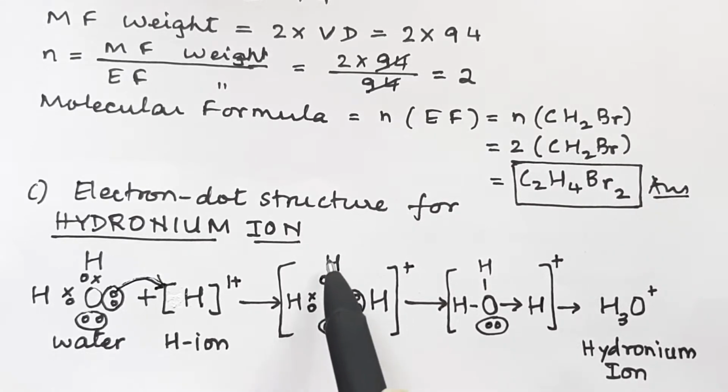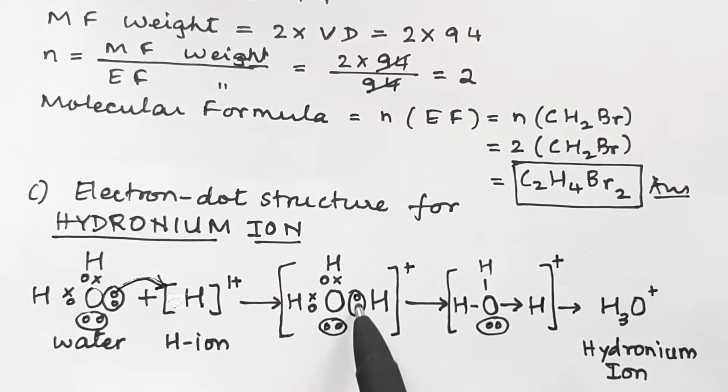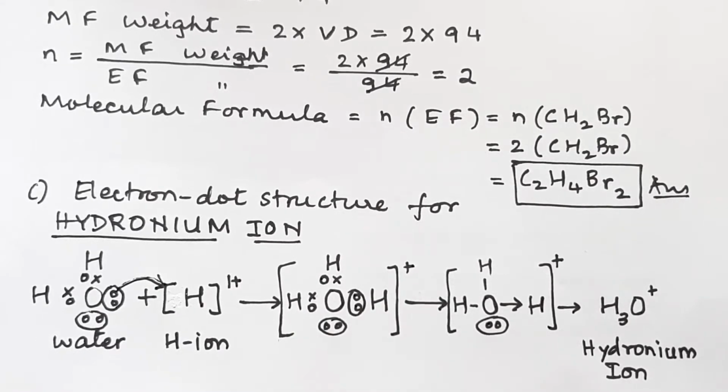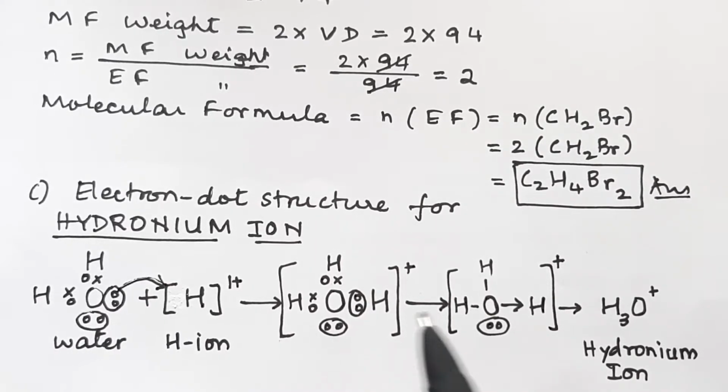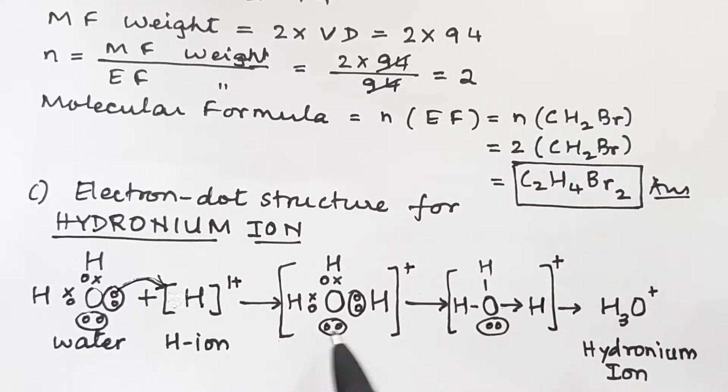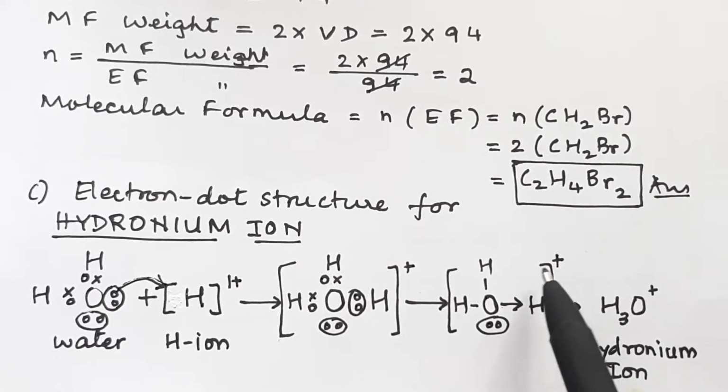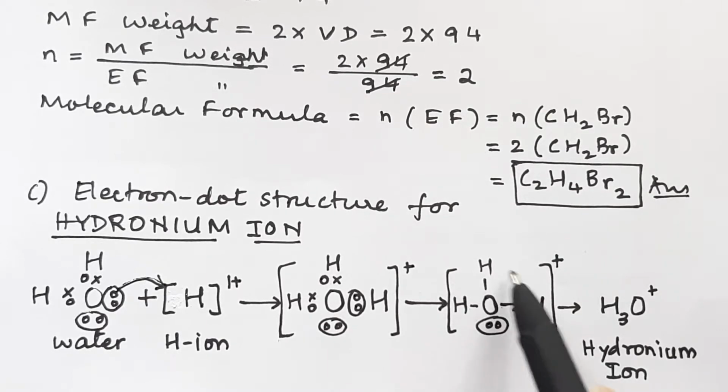This structure of water as it is, and this pair of electrons has been shared with this hydrogen, and the whole structure will have 1 plus charge, showing one lone pair of electrons. And then in the next step we will show this as a single covalent bond, this as a single covalent bond, but this one is the coordinate bond, coordinate covalent bond, and we show this one lone pair, and then that will have the hydronium with 1 positive charge. This becomes H3O 1 plus, which is hydronium ion.